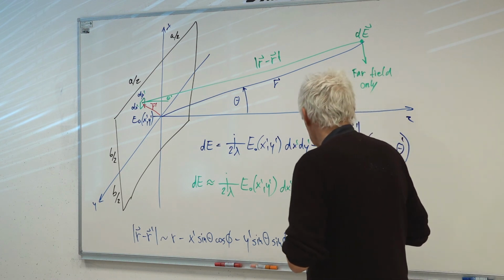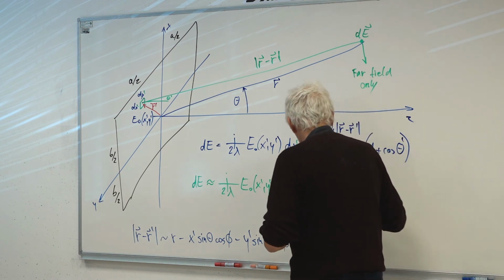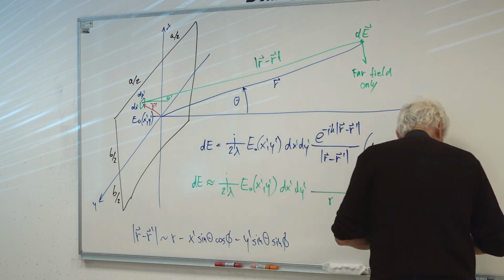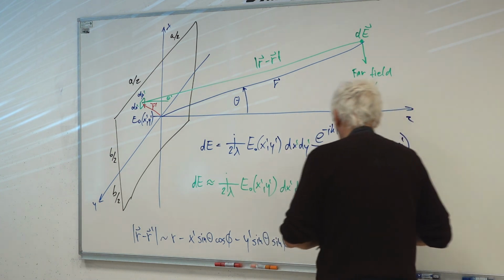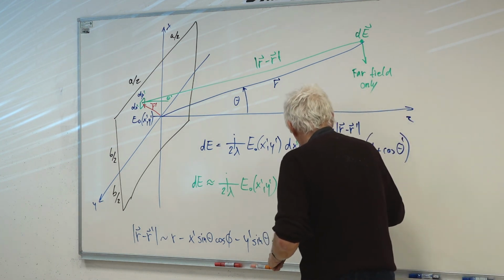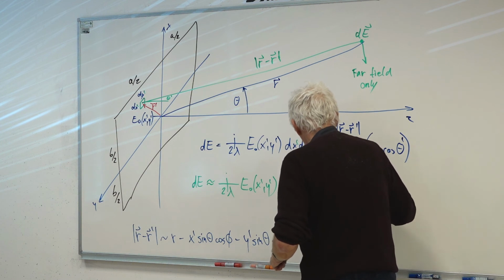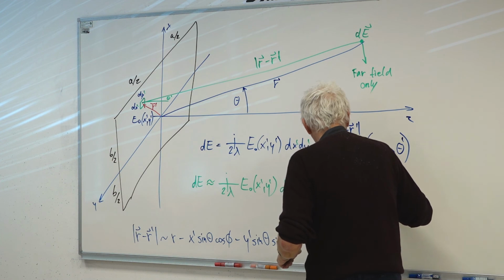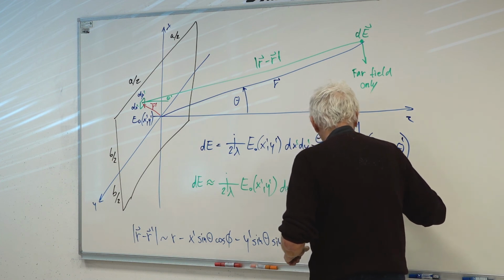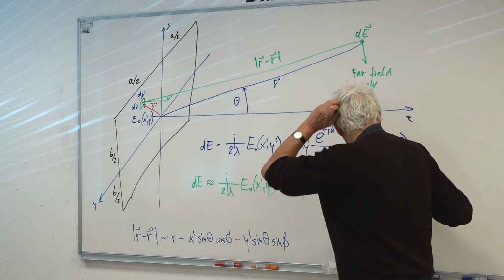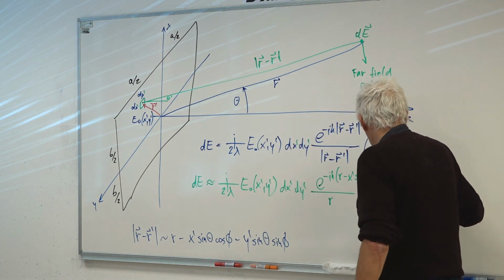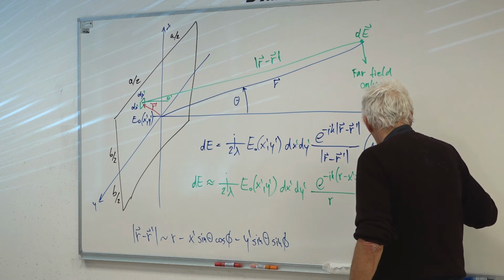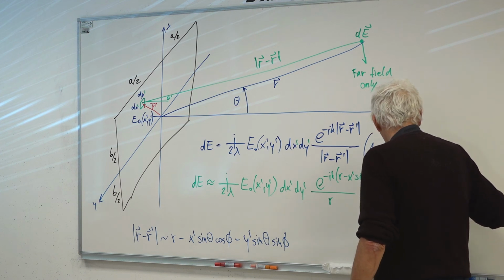Counts in the exponent, so I can write the first term. The first term here is e to the, okay, I will write it complete. E to the minus jk, and I have r minus x prime sine theta cosine phi, and minus y prime sine theta sine phi.